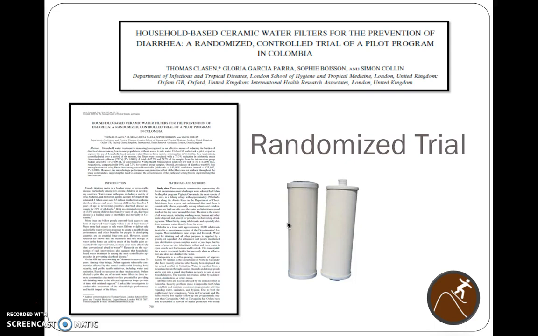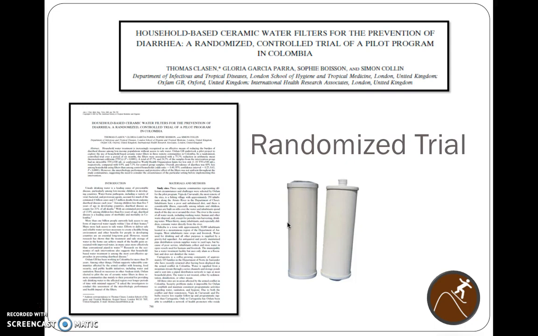And there's a couple different ways you could do this kind of study. You could measure the diarrhea rates for a few years in a community that has no water treatment, and then come into the community and install these water filters and then measure the diarrhea rates later as kind of a within group community trial.